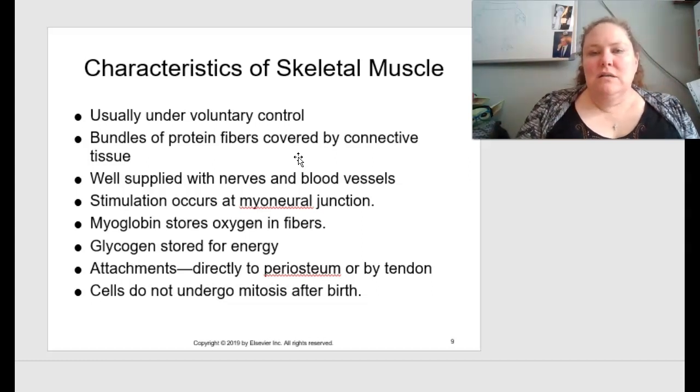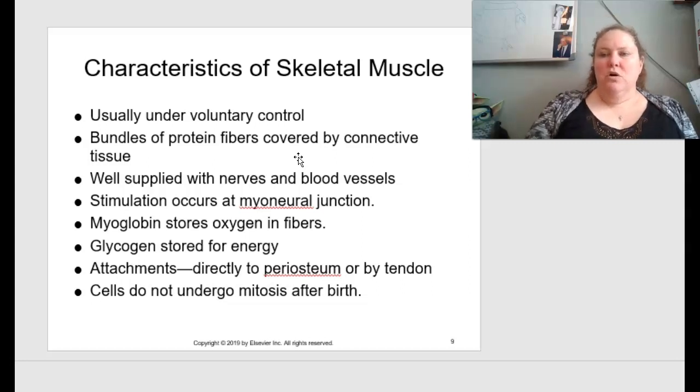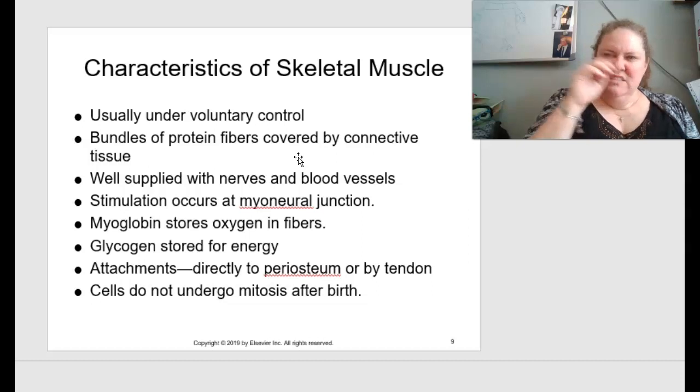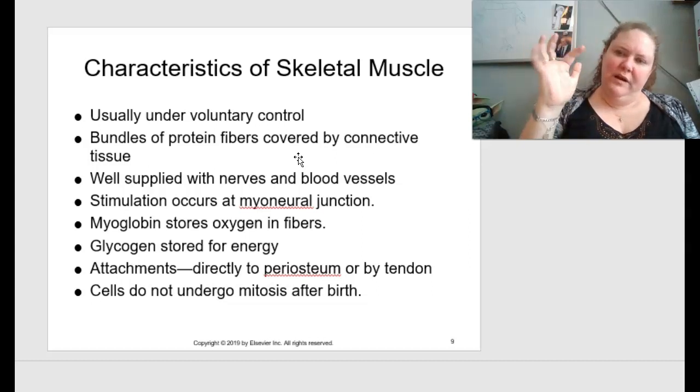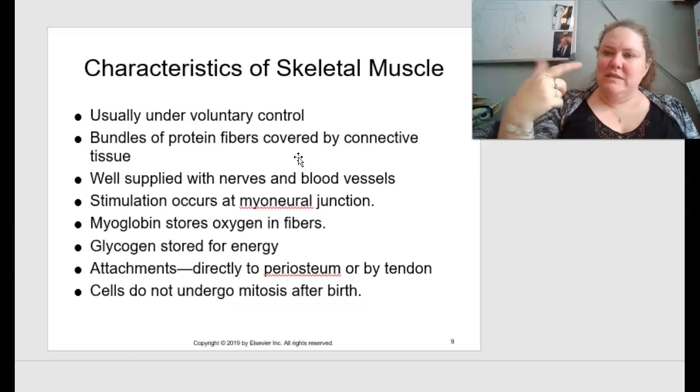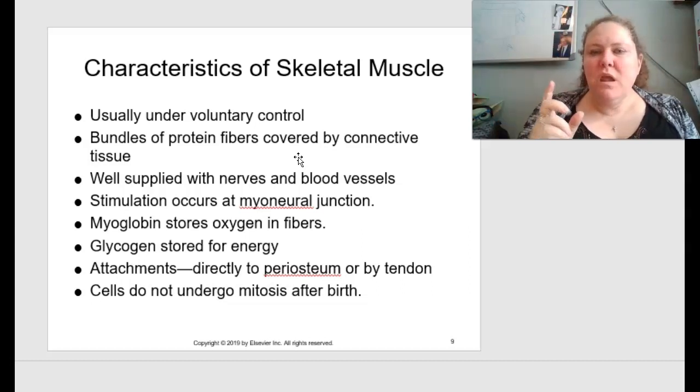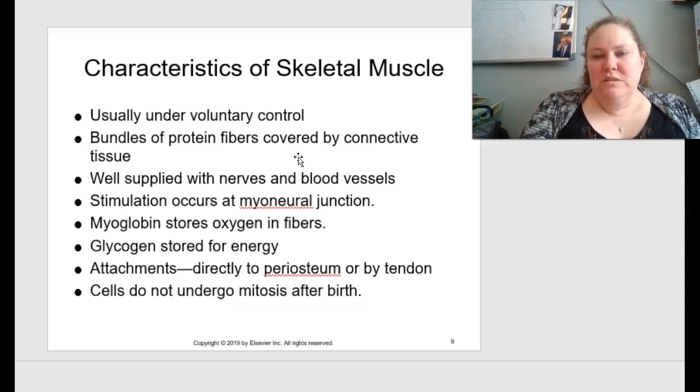Usually skeletal muscle is under our voluntary control. What that means is I can tell it to move when I want it to. So I can say, move your finger, right? And because that is voluntary, I'm asking myself to do that. Skeletal muscles are bundles of protein fibers that are covered with connective tissue.